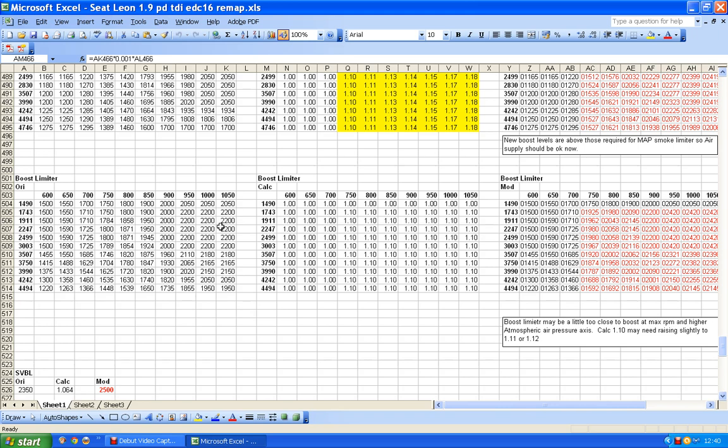Now, as usual, what I've done is I've used a calculator here, and I could just make changes in one small area, but I'm going to make changes in a bigger area just to make sure I've got all bases covered, as it were. I'll make that one yellow so that you can see that's the area that I've changed, and all I've done is I've upped the limit by 10%.